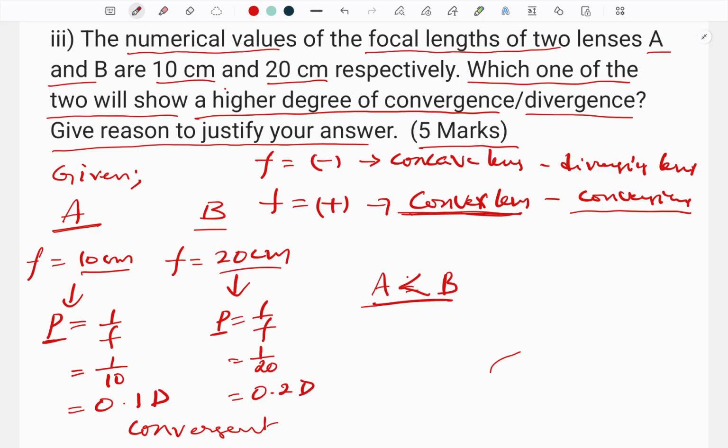Lens A focal length is 10 centimeter, lens B focal length is 20 centimeter. Lens A converges at a less focal length, lens B converges at a more focal length. That's why the one which converges at a less focal length will be more convergent. The degree of convergence will be more. So here the correct answer is lens A has a higher degree of convergence.